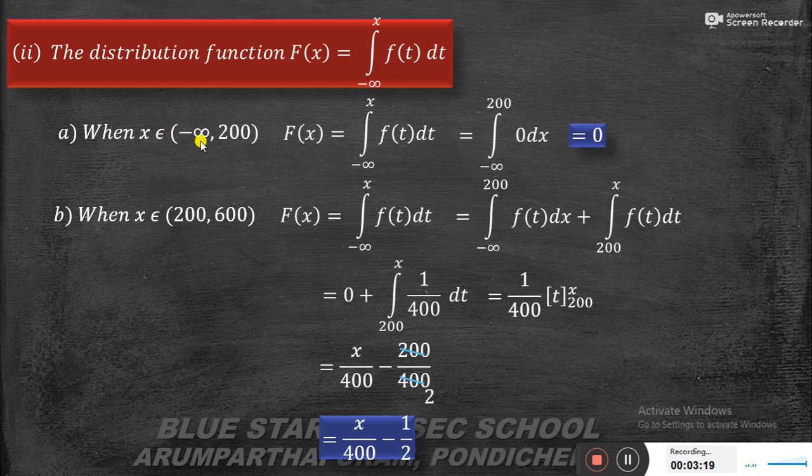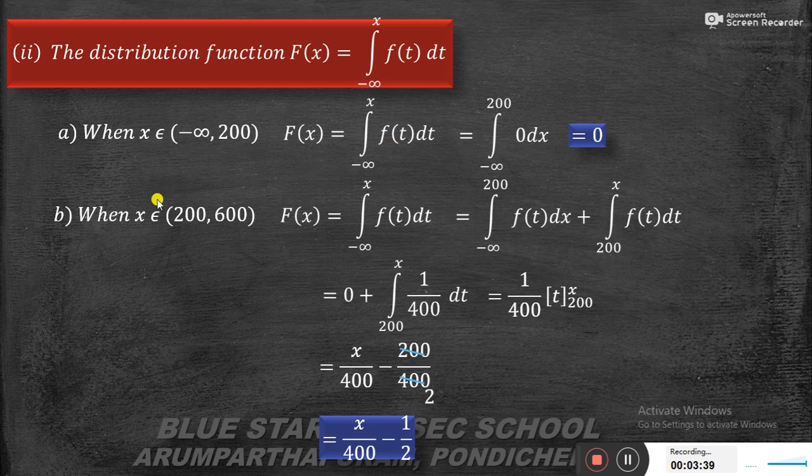So I take the interval minus infinity to 200. This is the distribution function formula: capital F of x equal to the integral from minus infinity to x of f of t dt, which equals the integral from minus infinity to 200.